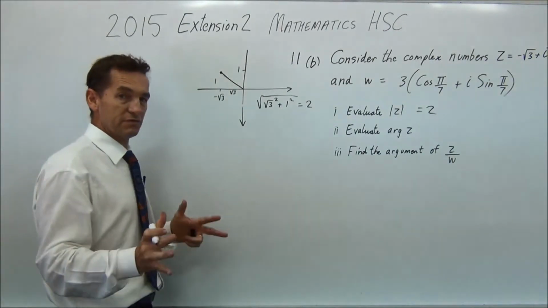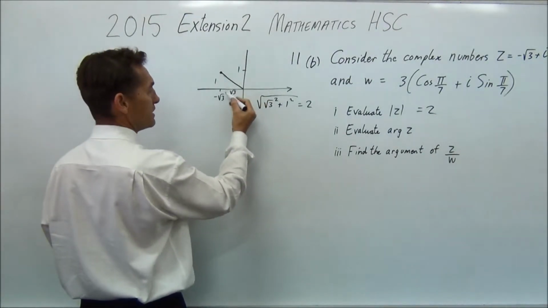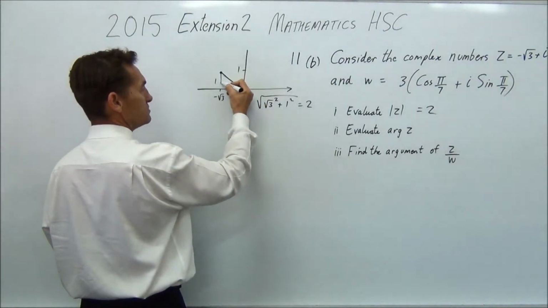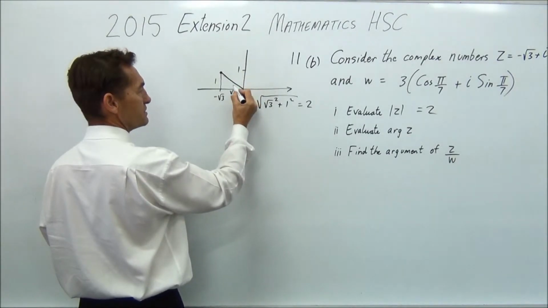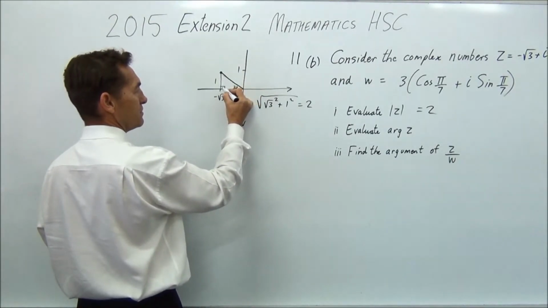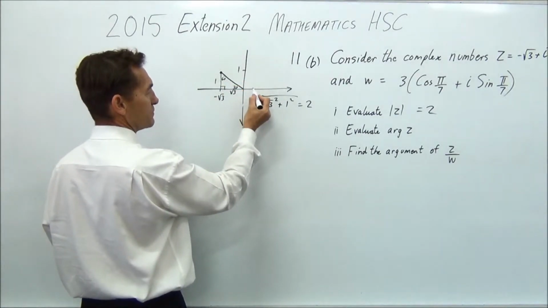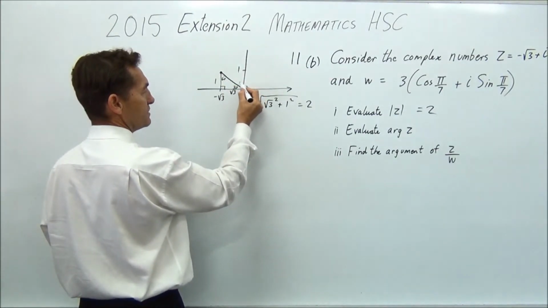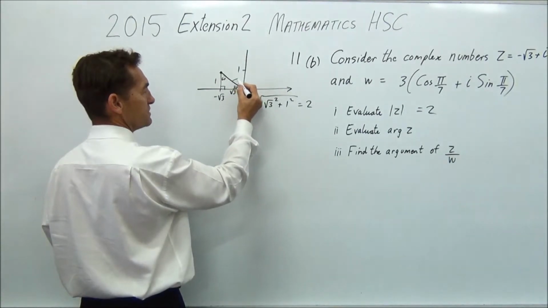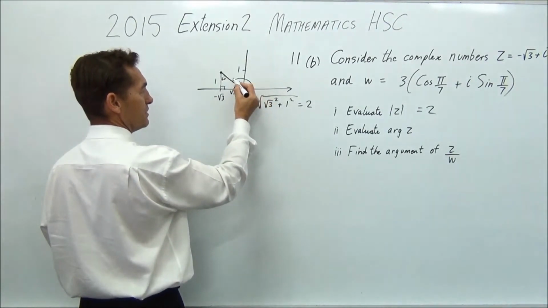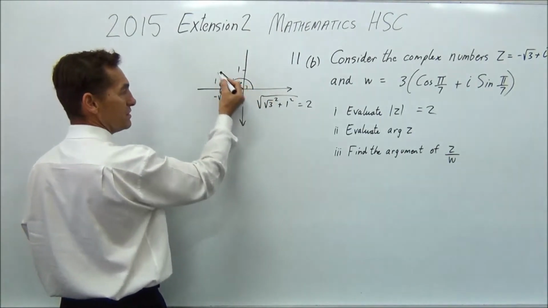Arg z. So now we're looking for the angle. So again, this triangle should be pretty familiar to you, that you know that's 30, that's 60. So therefore from there to there's 90, and that's going to be 60. So we want this angle here. You want the angle from there to there of z.